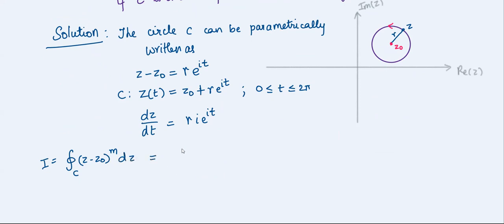Now, t equal to 0 to 2 pi, Z minus Z naught will be replaced by (R e power it) whole power m, and dz by dt is R i e power it.